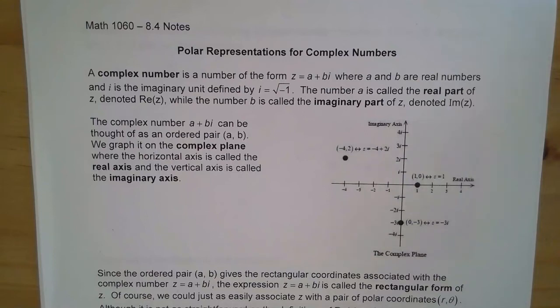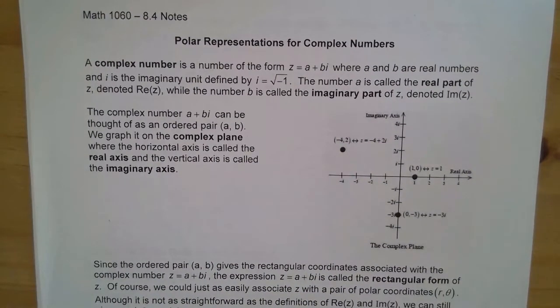So when we graph a complex number, we can do it in the order of a comma b, where of course our coordinate grid is the imaginary axis and the real axis. So the real axis like our x and imaginary axis like our y, just like a coordinate plane.